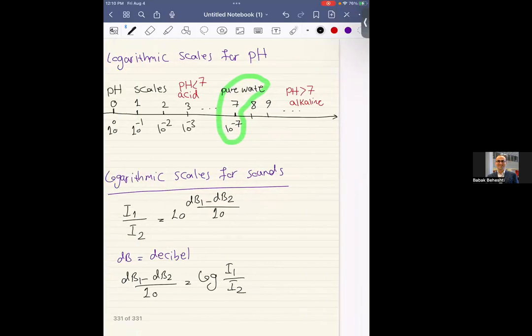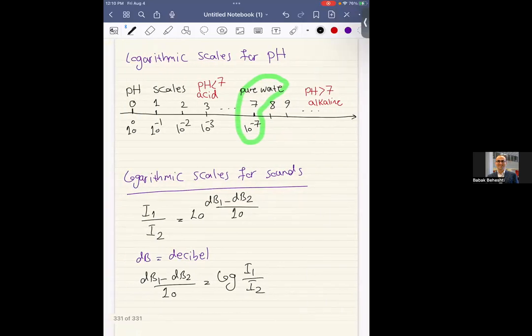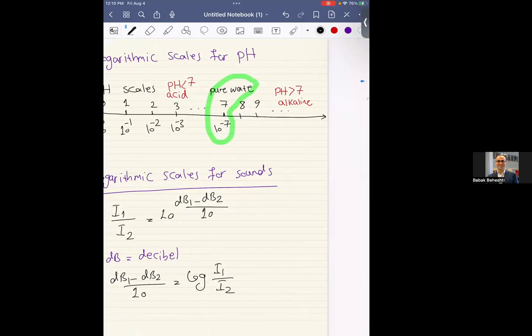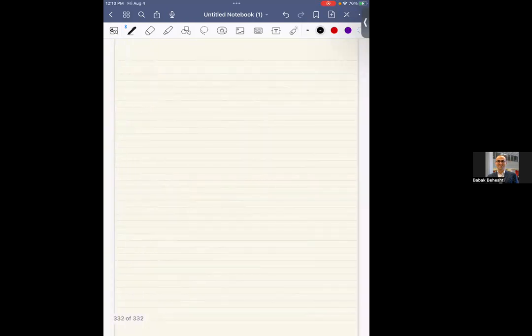Okay, so these are some examples of logarithmic scales for different quantities. Now, the most important application of exponential and logarithm is exponential growth or decay.